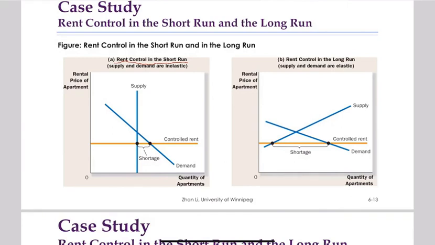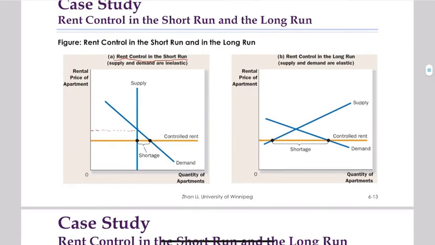Now, you can see that in the short run, supply and demand are inelastic, and this is the equilibrium price, right? So a binding rent control should impose a price which is below the market equilibrium price. In this case, you can see that we will only have a small shortage, right?